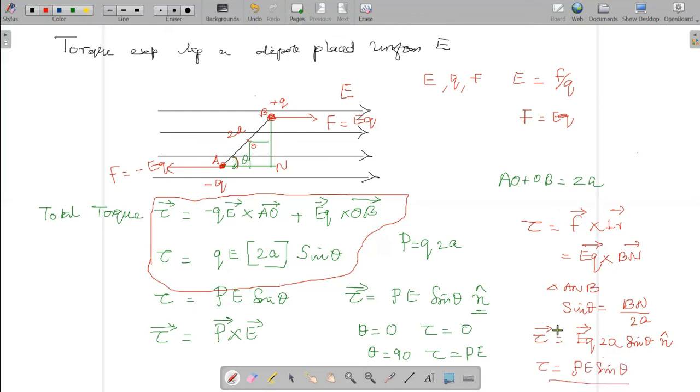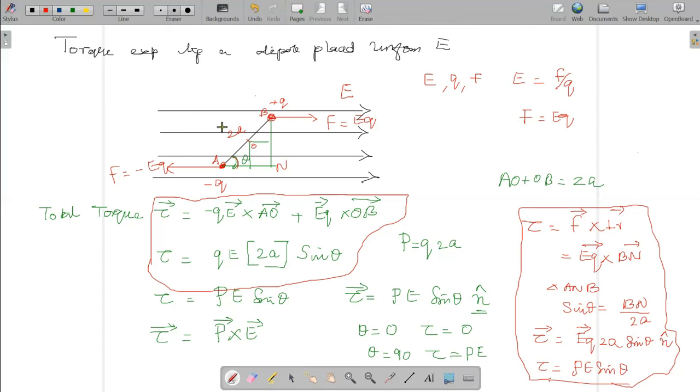That's all. So we can use this method also, which is simpler than the previous method. Very simple method. Anyway, some of the textbooks, the State Board booklet, adopt this method, so we have taken it into consideration. It is the vector formula, and sin theta comes. This is the basic concept.